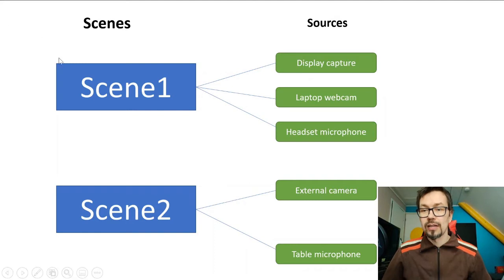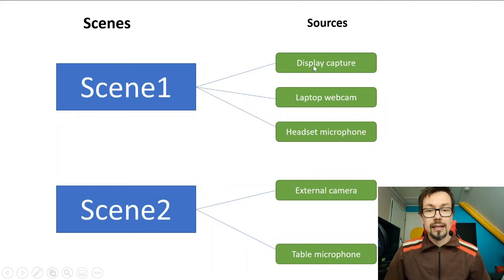So that's a selection of what will be recorded and how. And then sources are your display, if you are recording the screen, maybe your laptop camera, if you are recording video, and then obviously you need to add audio as well so that you can hear what I'm talking or you are talking then. And that might come from my headset microphone.